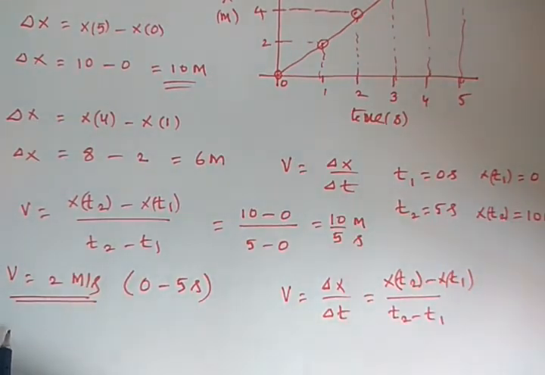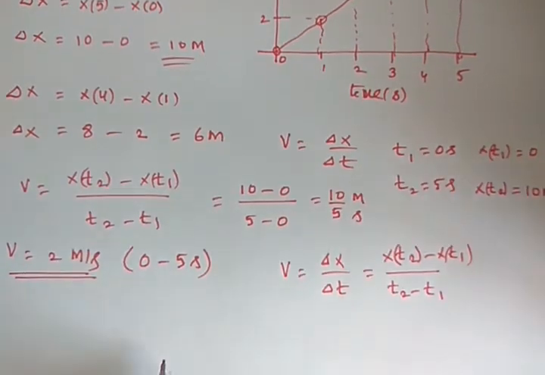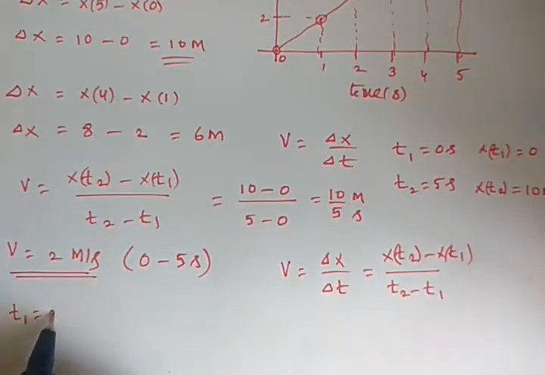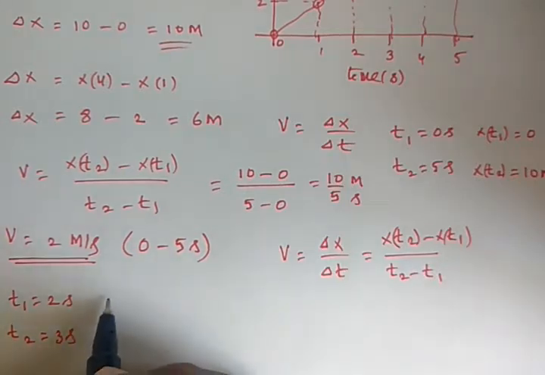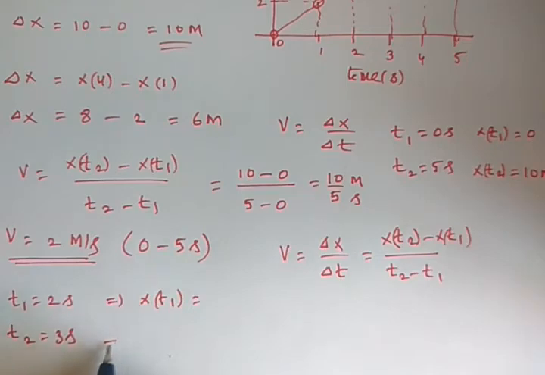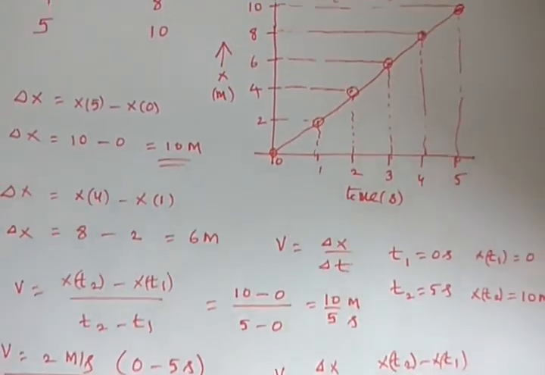My time interval is from 2 to 3. It means t1 equals 2 seconds and t2 equals 3 seconds. When t1 equals 2 seconds, you can get x of t1 from the graph.